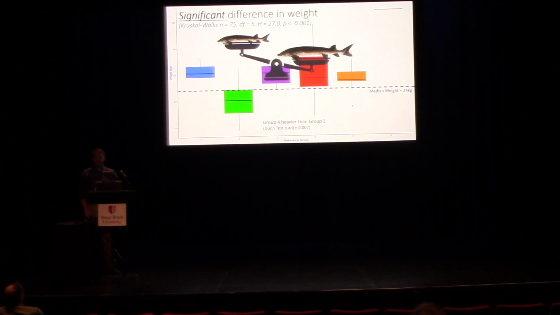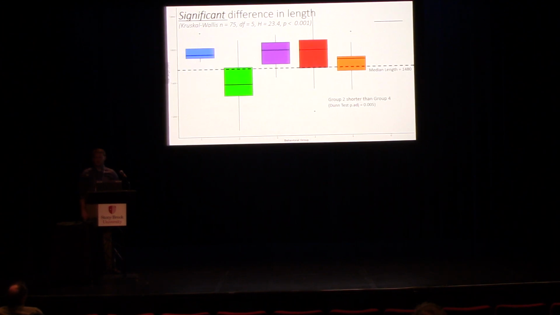It seems that the large lake resident group is much smaller individuals than the ones in the river resident group. The second thing we looked at was total length, and the same thing: the river resident subpopulation is larger than the ones in that second group.